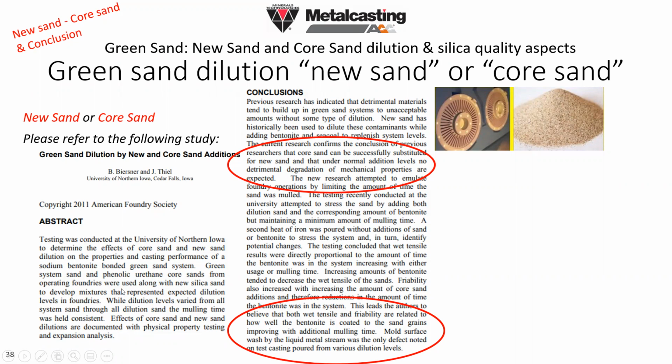It's interesting because it's exactly what typically happens in most countries. To summarize the conclusion, coarse sand can be successfully substituted for new sand, and under normal addition levels, no detrimental degradation of mechanical properties is expected. That is a general conclusion for the USA.